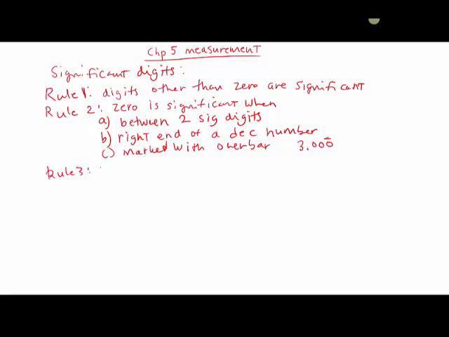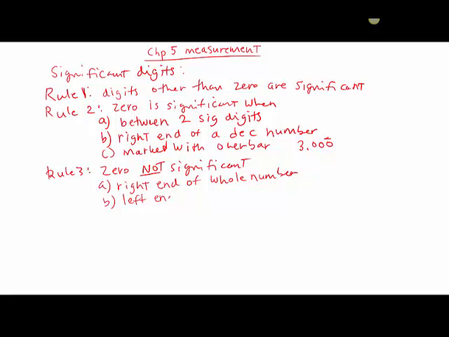A 0 is not significant when A, at the right end of a whole number, or B, at the left end of a number. So the right end of a whole number or left end of a number.